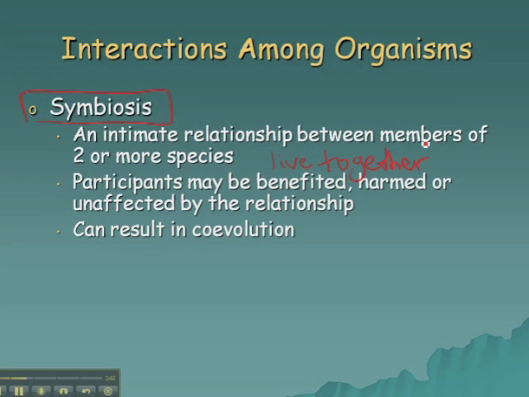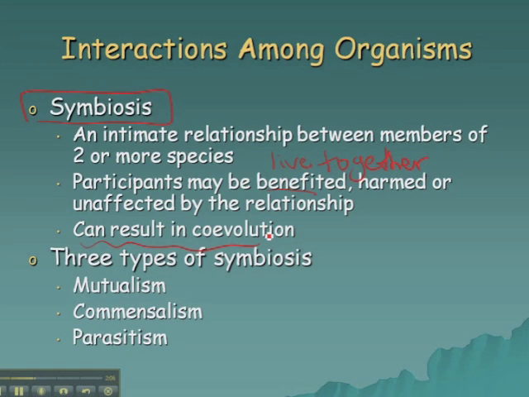They eat each other. Okay, so this one is when they live together, and they can be either benefited, harmed, or unaffected. And often these types of relationships can result in coevolution because they are living together, and so they will evolve in the same habitat and may evolve traits that coincide with each other.